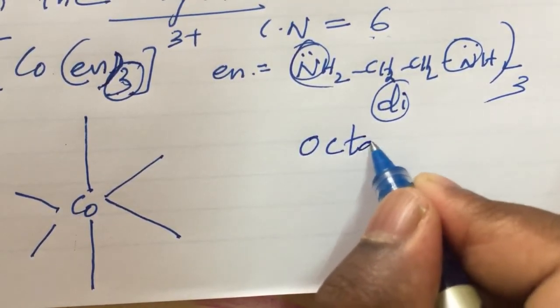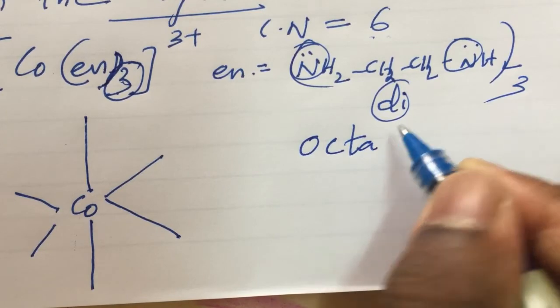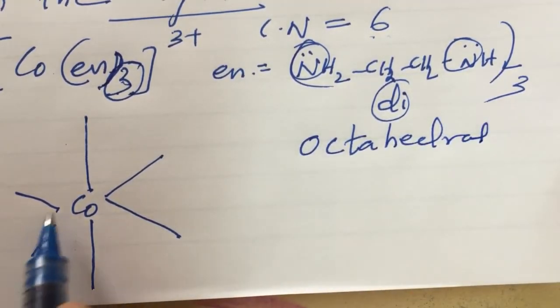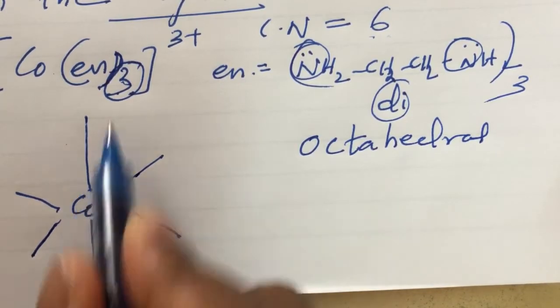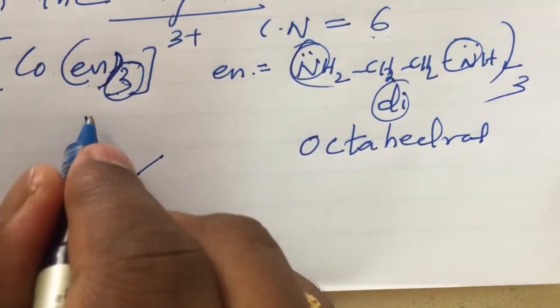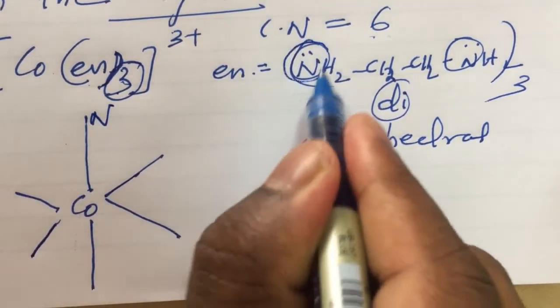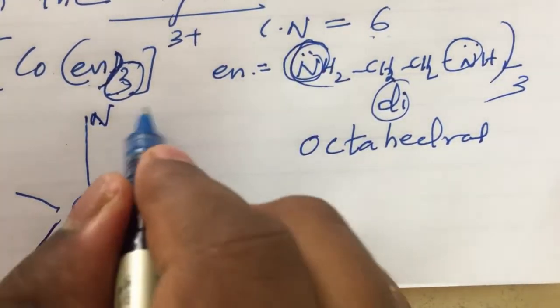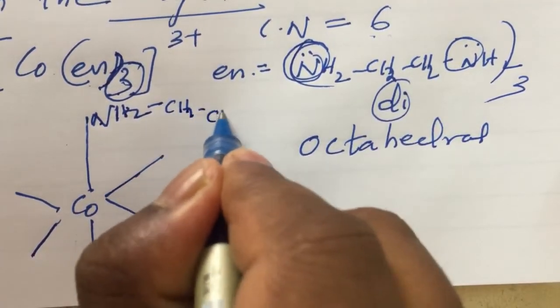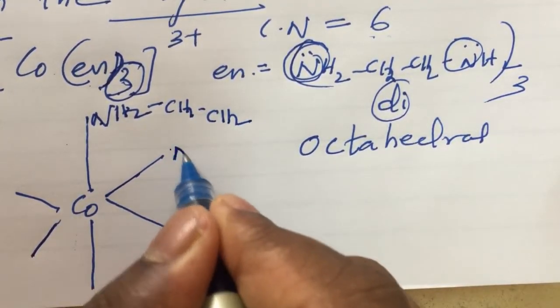The spatial arrangement is also called the coordination polyhedron. What is that expected polyhedron? Octahedral. Octahedral is like this: 4 coordinate bonds on the plane, 2 above. And listen, how many en? 2. 1 nitrogen here, then H2, then CH2 is not donating electrons, CH2, second nitrogen from here.